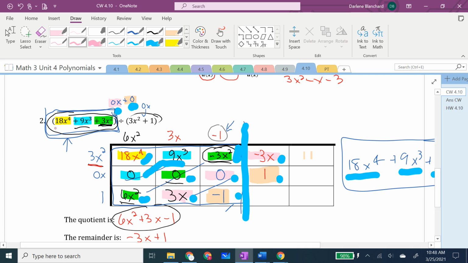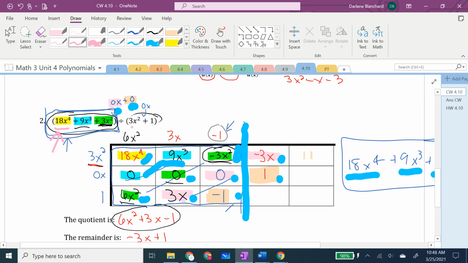The leading term, the highest degree that you see, the highest exponent is 4. That means that this polynomial has to account for exponent 4 on an x, exponent 3 on an x, exponent 2 on an x, exponent 1 on an x, and then a constant.